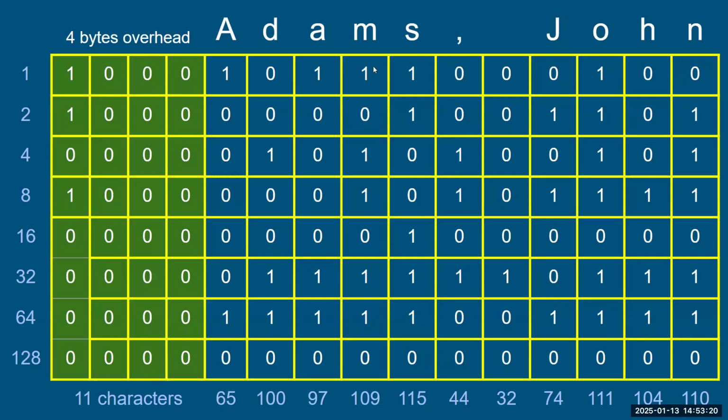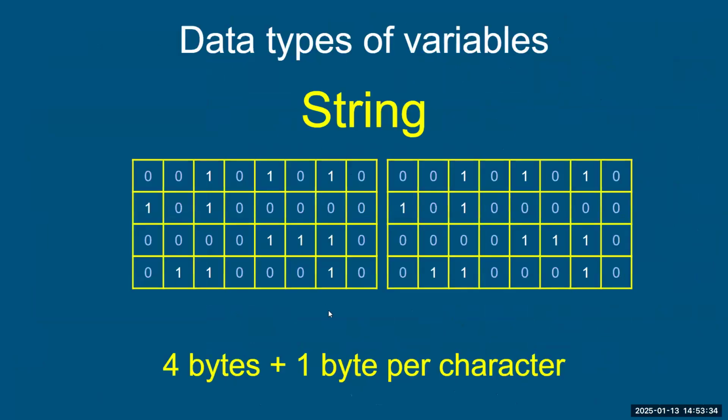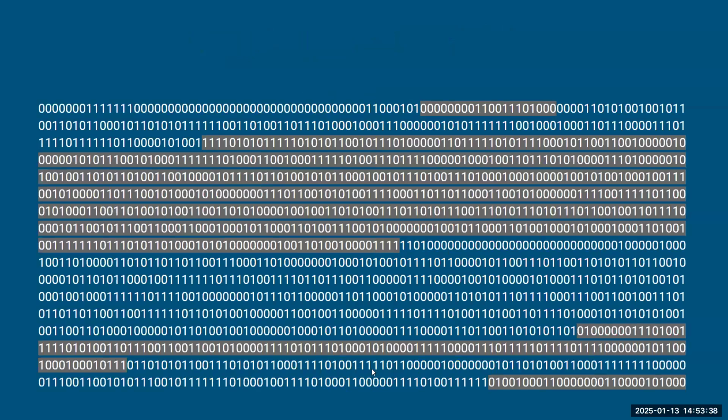Because it could be John Adams, it could be another name, Johnny Appleseed. So this first 4 bytes of the memory says how long the string is. A string is 4 bytes plus 1 byte per character.